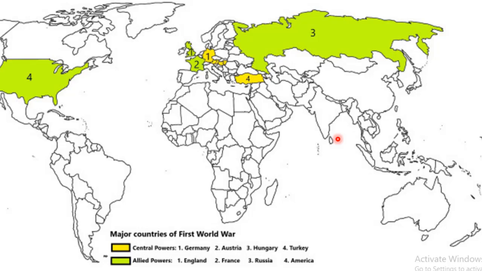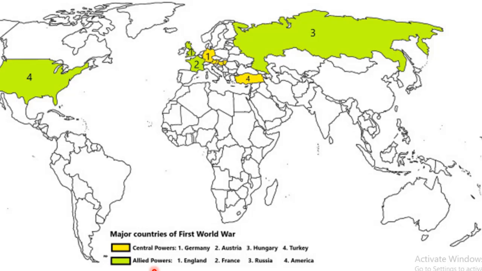So when you get a question to mark the countries which were part of Central Powers, you will be marking 1, 2, 3, 4. These areas you need to shade and show in the key. These are the countries that were part of Central Power.